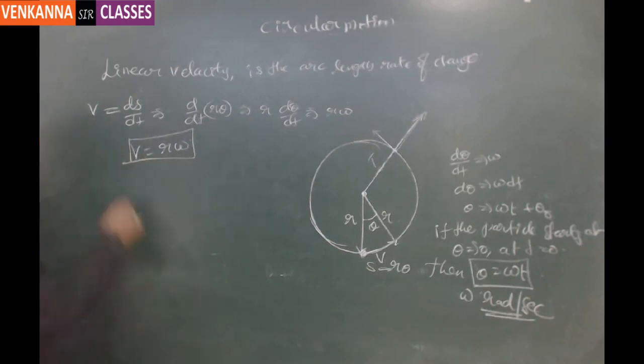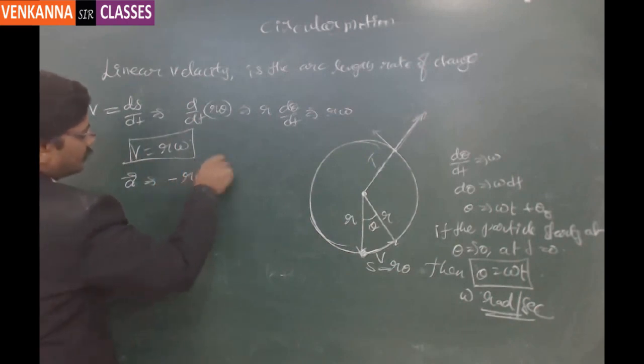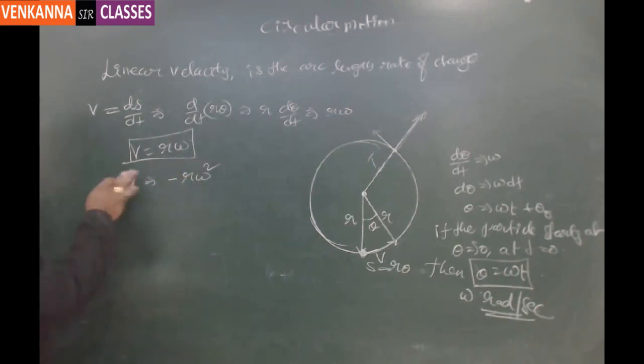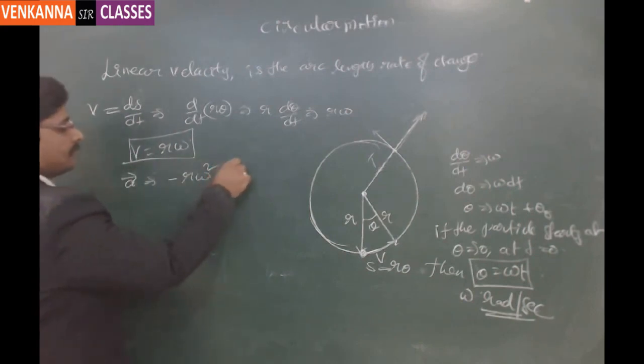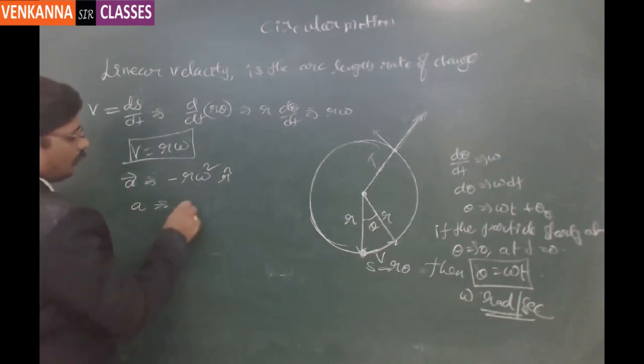From this relation, the acceleration with constant angular velocity, we have treated as minus r omega square. By magnitude, if you want to calculate it, A is equal to r omega square.